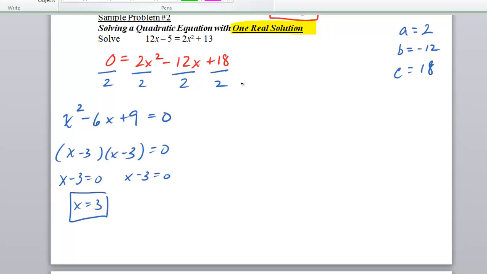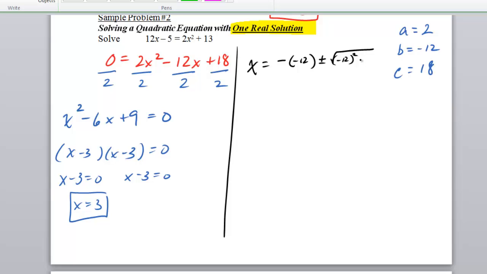Now, if I did want to go forward with working the quadratic formula, I could have done that simply by plugging in my values here. Negative 12 plus or minus the square root of negative 12, make sure you squared, minus 4 times a times c, all over 2 times a.